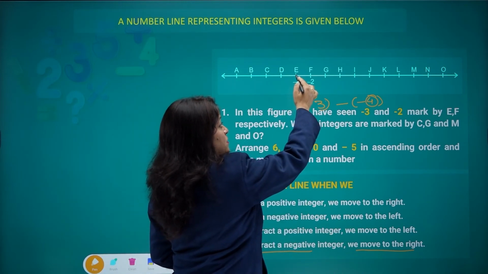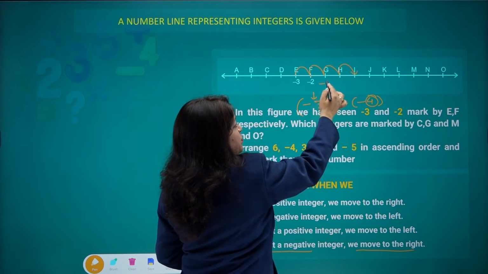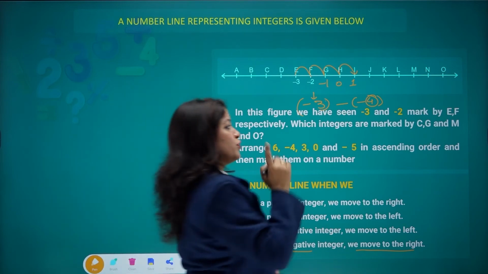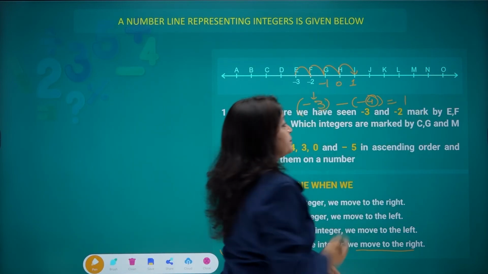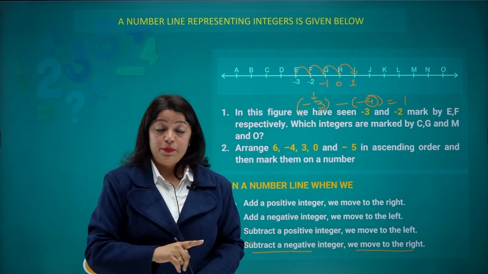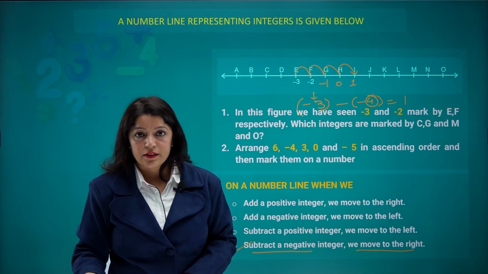So from -3 I'll start: 1, 2, 3 and 4. Finally I'll reach the point 1. So remember always, while subtracting a negative integer, we are going to the right-hand side.